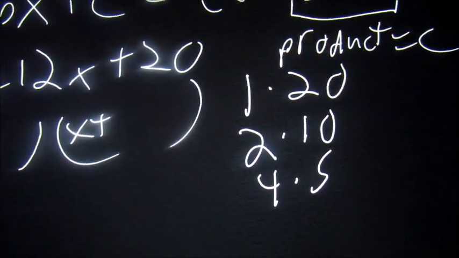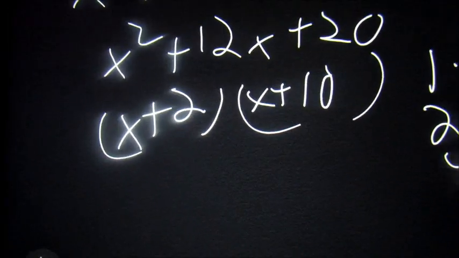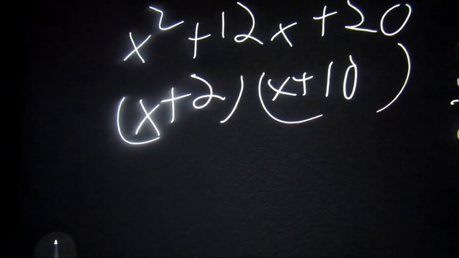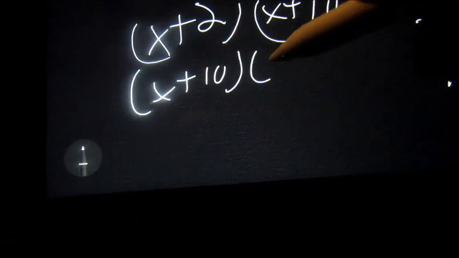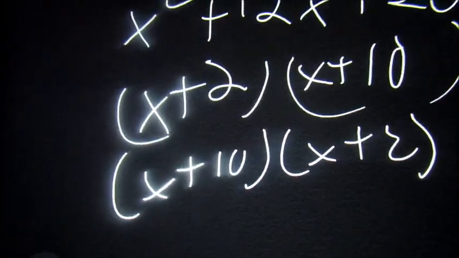So the two here that add up to 12 are 2 and 10. So our answer here is x plus 2 times x plus 10. You don't need to put a times sign in between. You could also write this x plus 10, x plus 2. It doesn't matter what order you put those in.